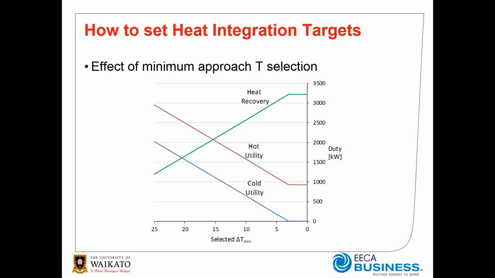And the simple reason for that is one stream is supplied at 10 degrees, has a target temperature of 10 degrees, and the other stream has a supply temperature of 7 degrees. And once you eliminate all the cooling needs, all the cold utility needs for the stream that's targeted to go to 10 degrees, there's no point in going any further. Okay, and so we essentially save hot utility and save cold utility, and we recover that heat.